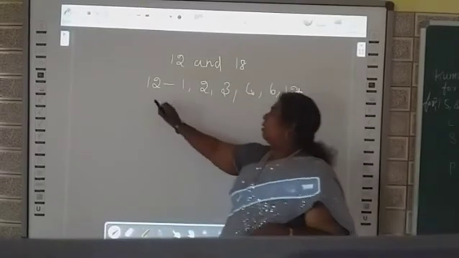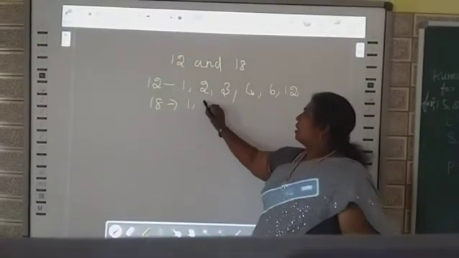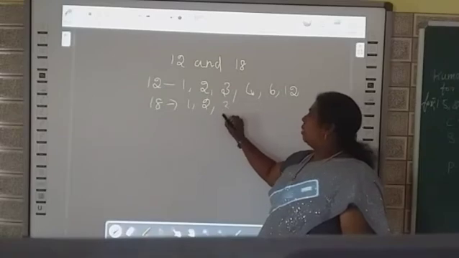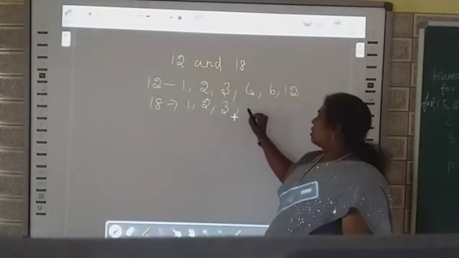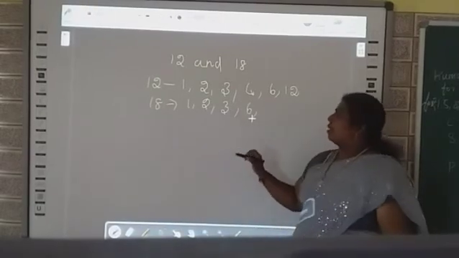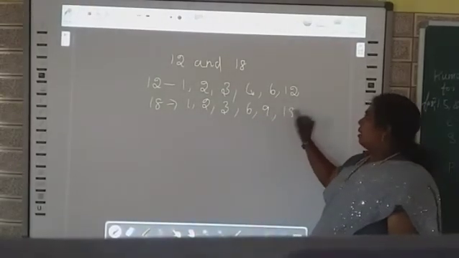Then 18. For 18, the first table, then the second table, then the third table, 3 times 6. 4 and 5 are not possible, then 6, then 9, 9 times 2 is 18, then 18.